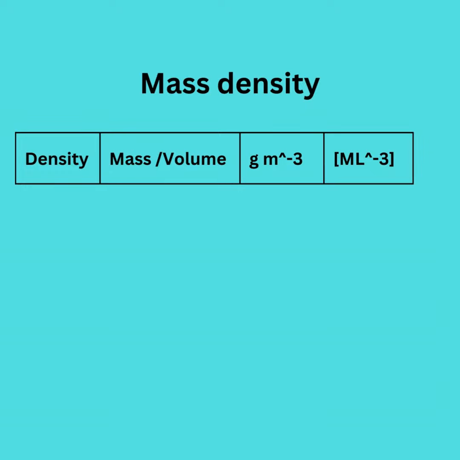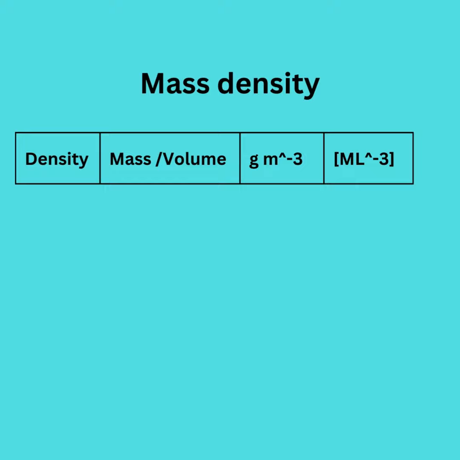So mass per volume means M by L to the power of 3, which we can write as M times L to the power of minus 3. We should keep them in square brackets to give the dimensions of mass density. I think all of you understood.